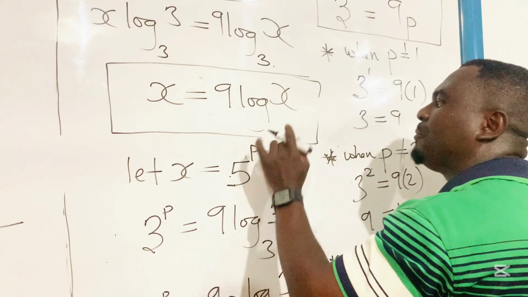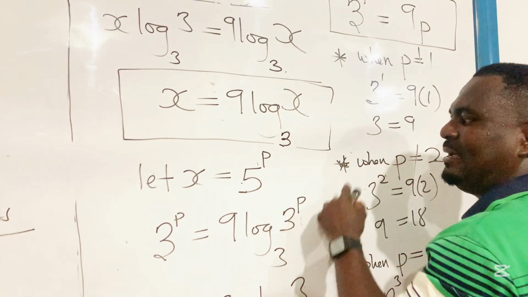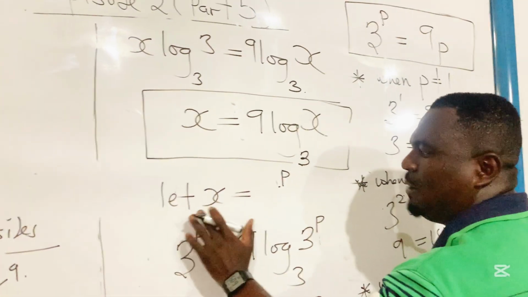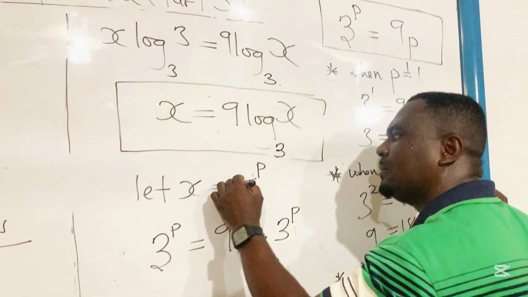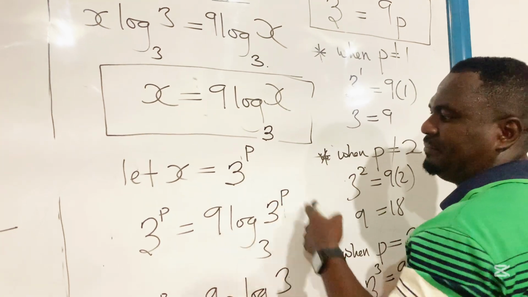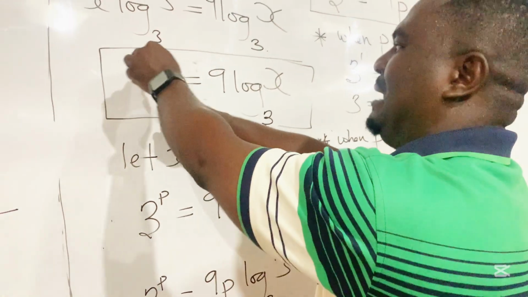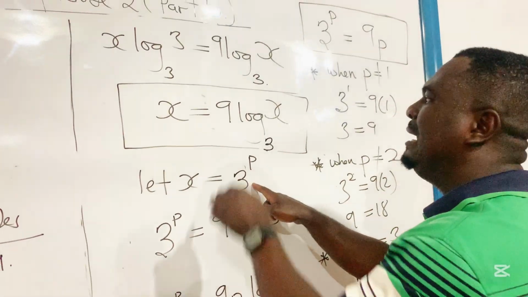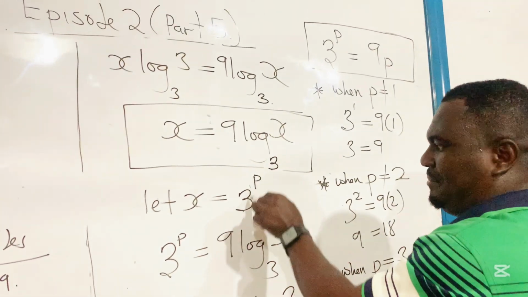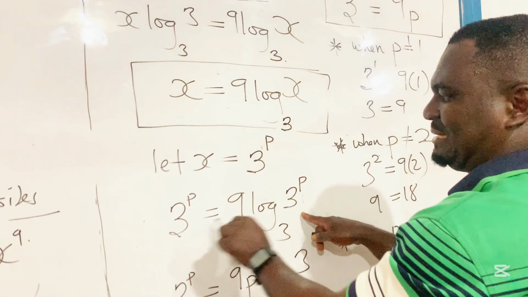So because in my question it was given in base 3, in my let, I will say let x be equal to 3 exponent p. So I'm to replace this x with this, the same x here with the same here. That is why you are seeing this.